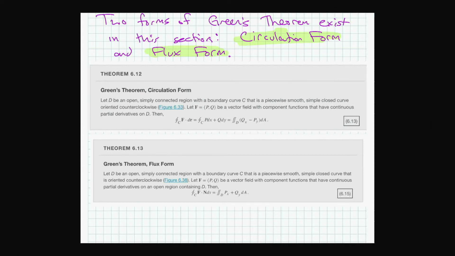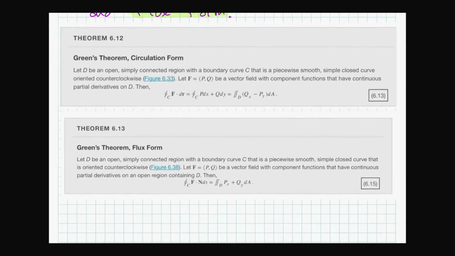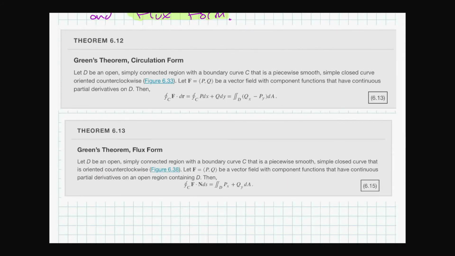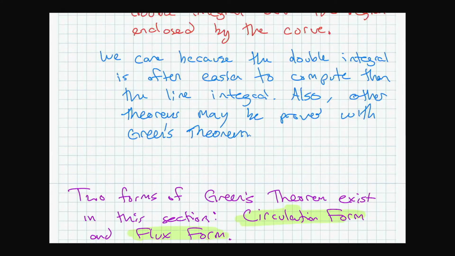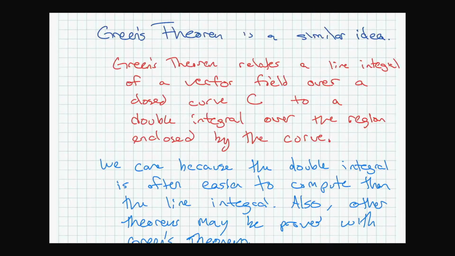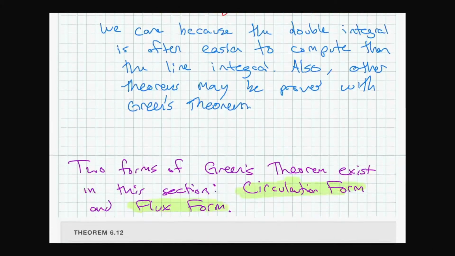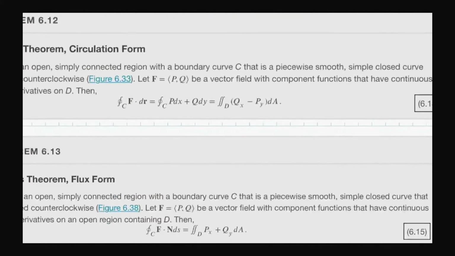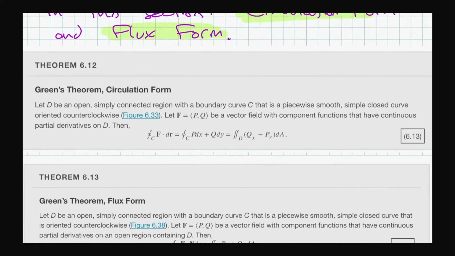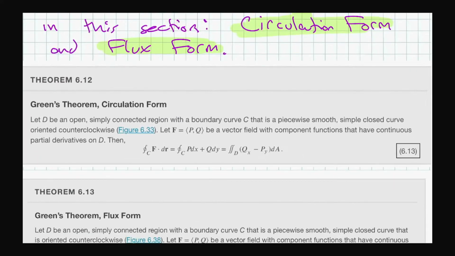So let's read these, see if we can understand what's going on. The idea is what I said it was, right? The whole idea is we relate a line integral to a double integral. So that's what you're going to see in both of these. What's going on here in the circulation form is, first of all, you have a vector field.